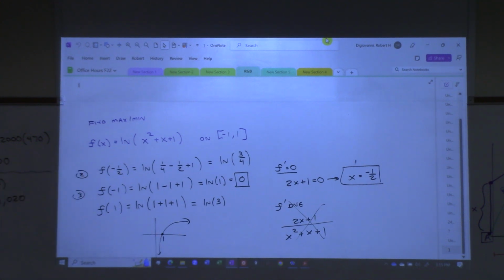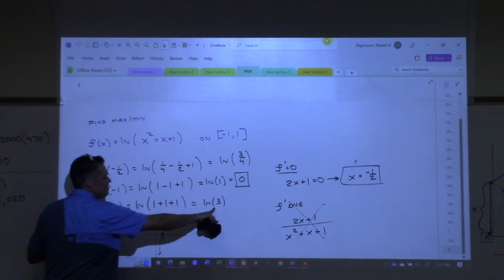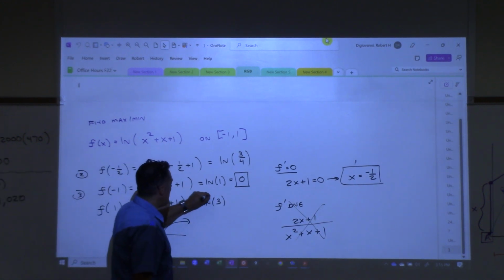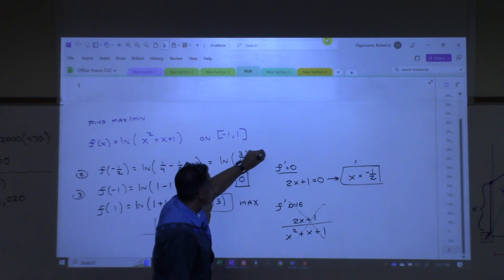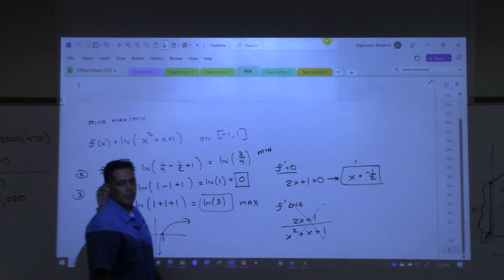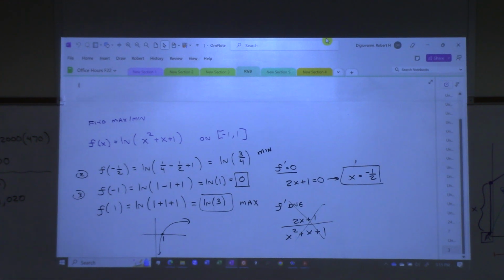So natural log of 3/4 is going to be negative. Oh, this one will be positive. Yes, that's positive. So this should be my max, right? And this one should be my min. All right, any questions there?